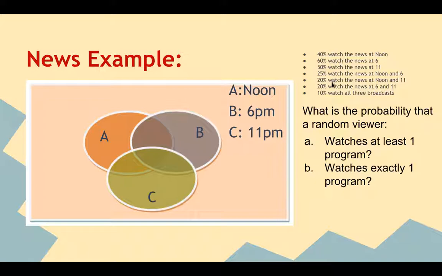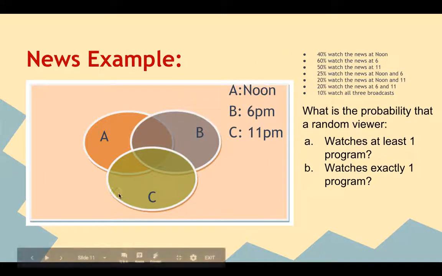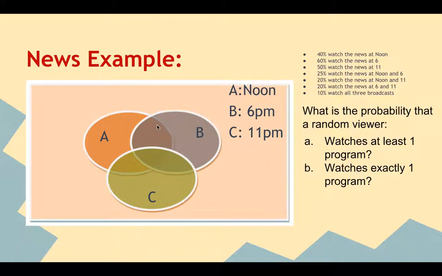The only thing that we know for sure is that 10% watch all 3. If you try to start putting the 40 down for watching the news at noon, notice that you have 1, 2, 3, 4 sections to fill in, and you don't know where to put the 40. So first, we know for a fact that 10% watch all 3, so we can put the 10% in the middle.